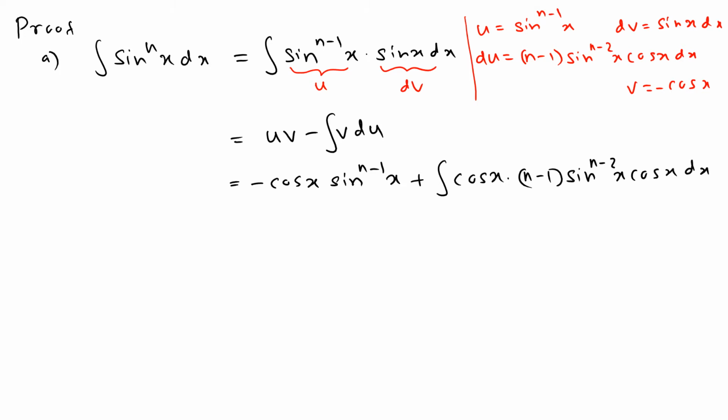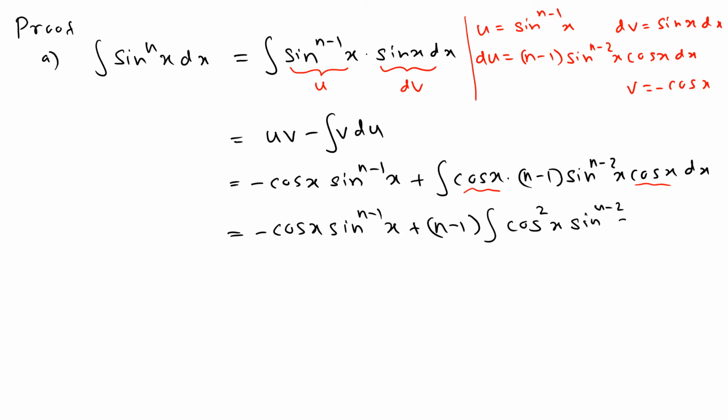Now we can do some simplification. I'm going to rewrite this one: negative cosine x sine^(n-1) x plus, I can pull the n-1 out and then combine the two cosines. Once you combine the two cosines, you can write this one as cosine squared x and then sine^(n-2) x dx.